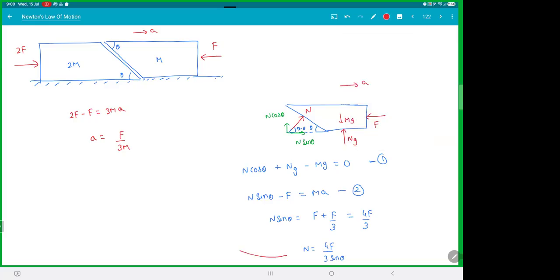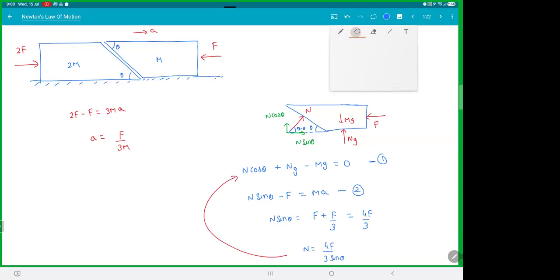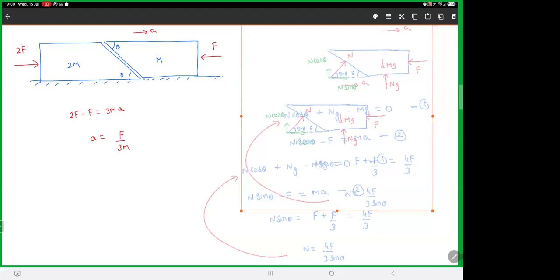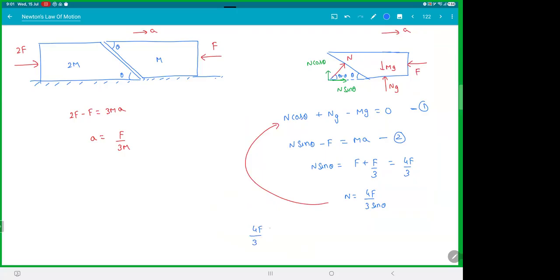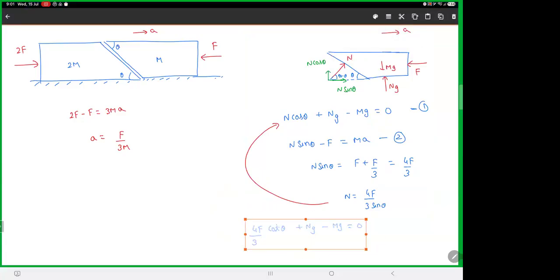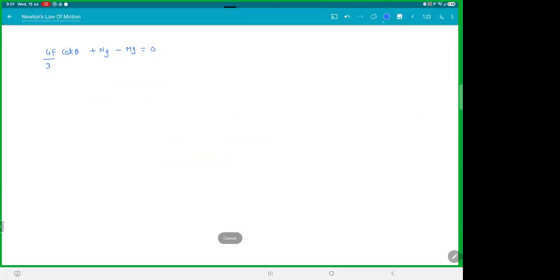Take this and put it in equation 1. Once you do that, that becomes 4F by 3 cot theta plus N ground minus mg is equal to 0. This will give your N ground value.